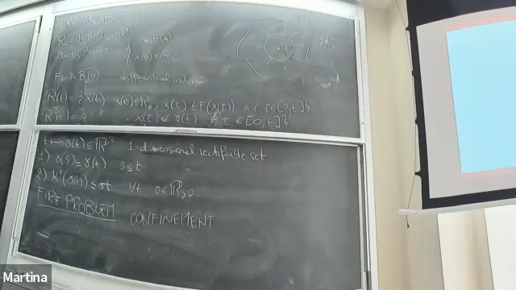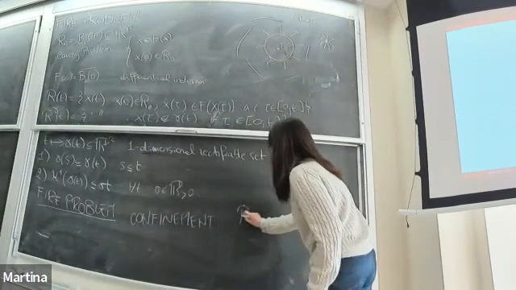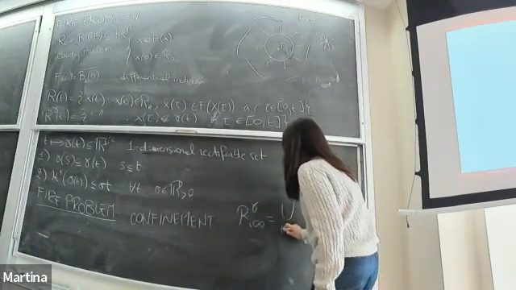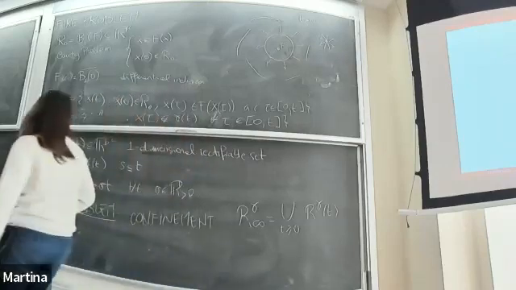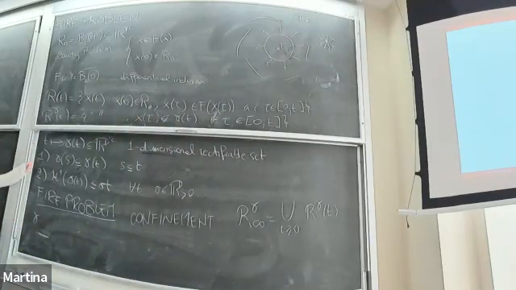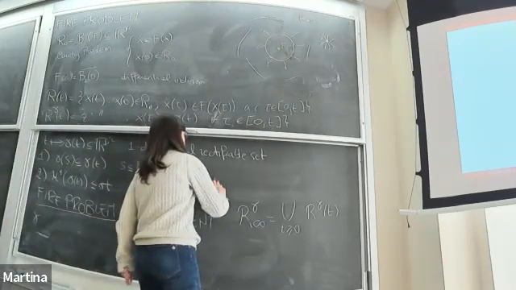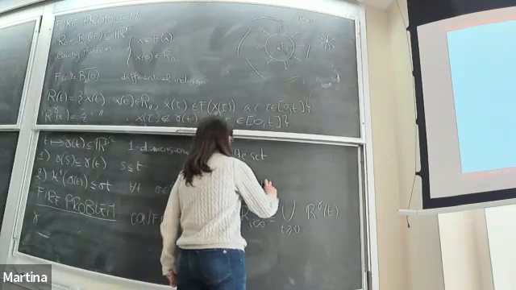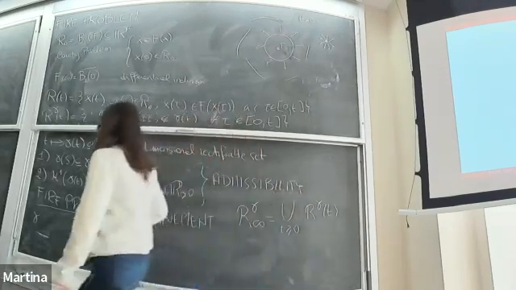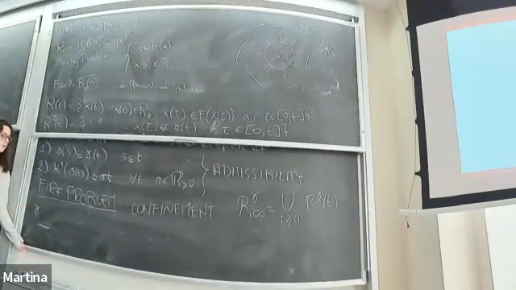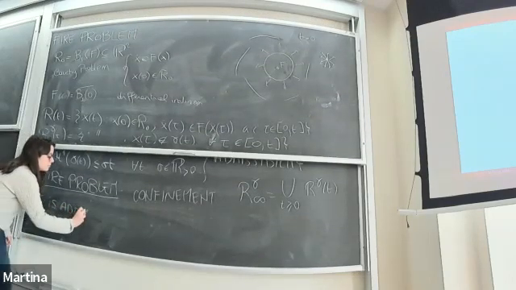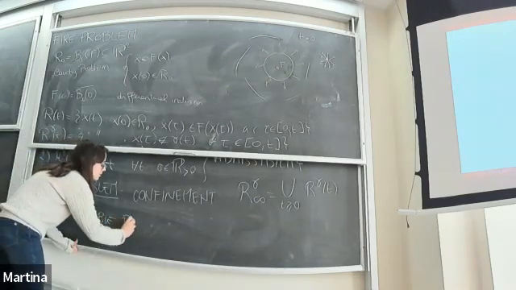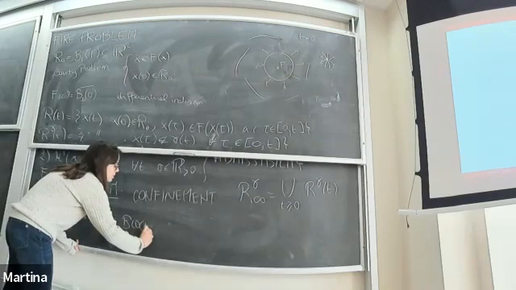We define at this point R gamma infinity as the union over the time t of R gamma of t, and we say that gamma is an admissible blocking strategy if R gamma infinity is bounded.